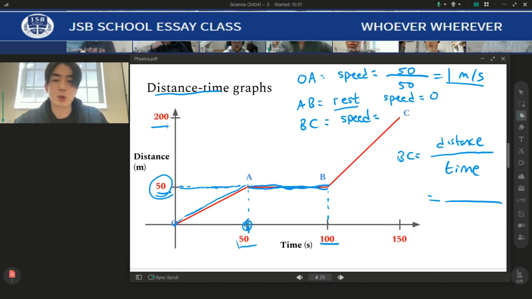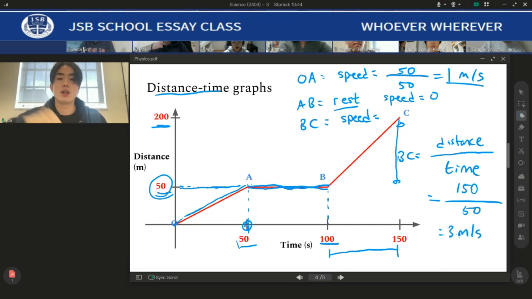It's not 200, because 200 is the whole distance. B to C distance is this distance here, 150. And then the time? 50, this time here. So now the BC speed is 3 meters per second. This means that in B to C, the car is faster than O to A.